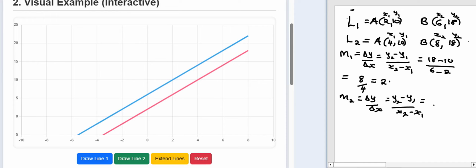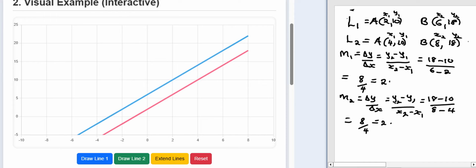If I replace them here, I have y2 as 18 minus y1, which is 10, divided by x2, which is 8, minus x1, which is 4. So I get 18 minus 10 is 8, divided by 8 minus 4 is 4. So the gradient of the second line is also 2.